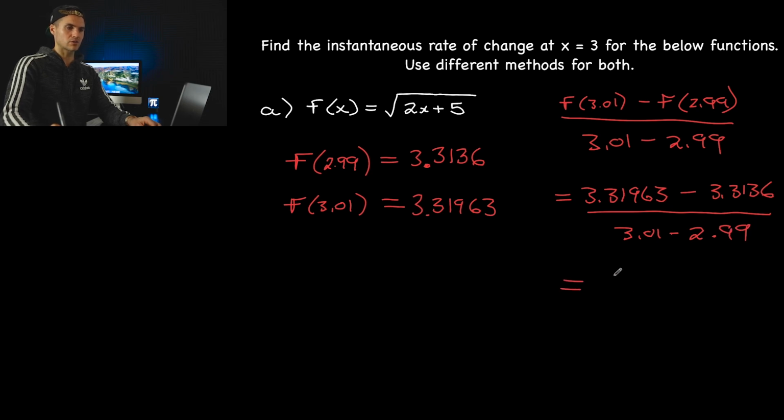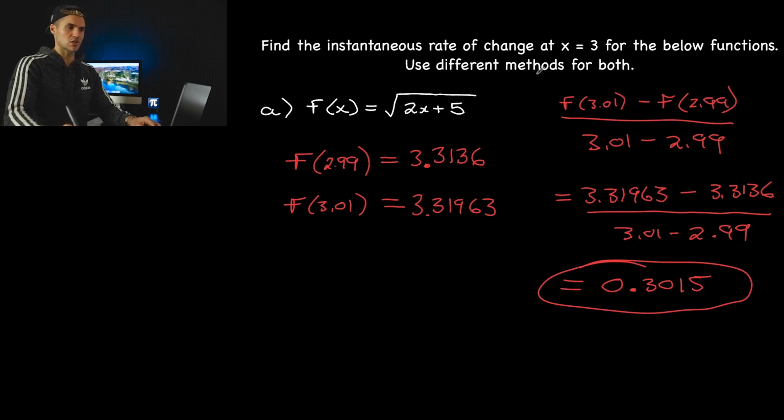When you do this calculation, you would get approximately 0.3015. That is the approximation for the instantaneous rate of change at an x value of 3, and the way we did it was with the centered interval method.